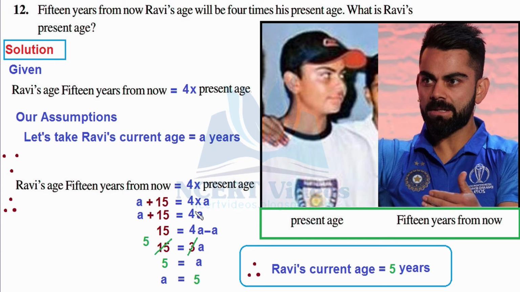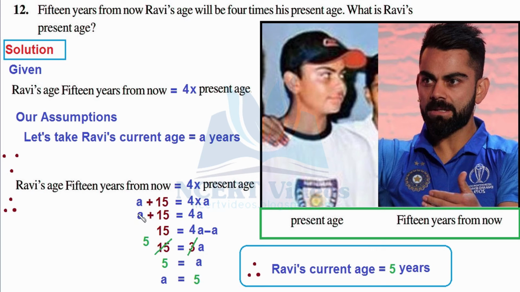It is your preference. So 15 as it is, obviously it is positive. We need not write it. This A is positive because nothing is written before this A or its coefficient. It is positive 1, understood. When we transpose it towards the right hand side, it will become negative.